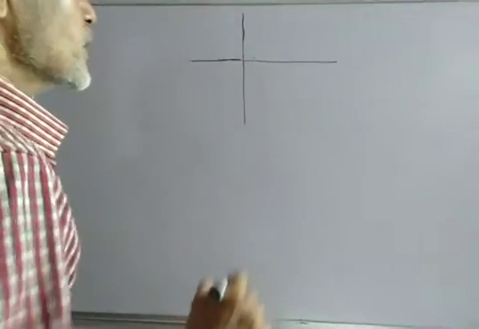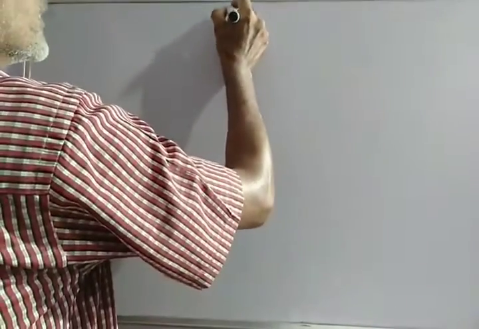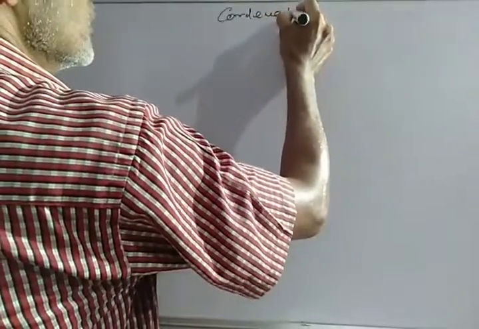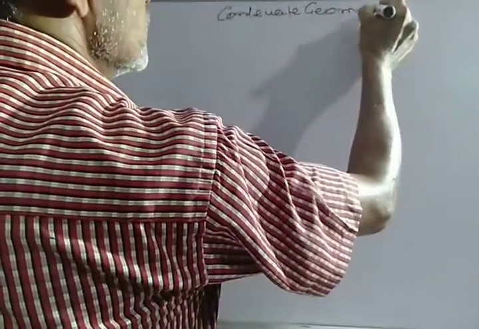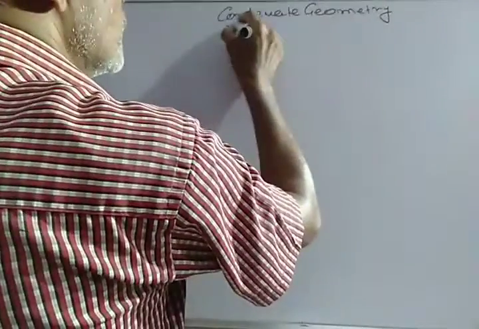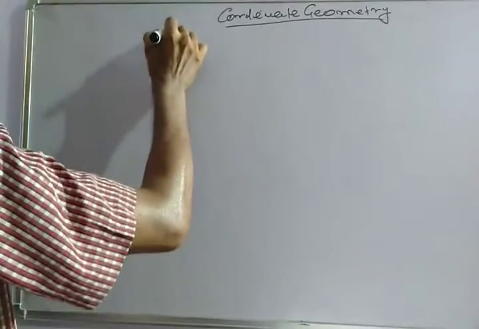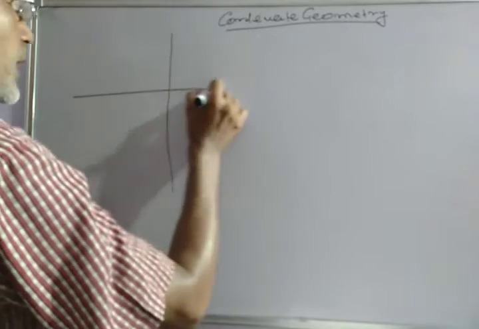So this is a plane. See here, this is known as the y-axis and this is known as the x-axis.